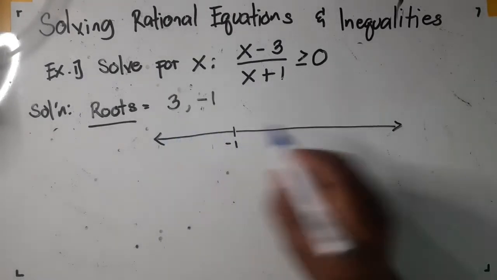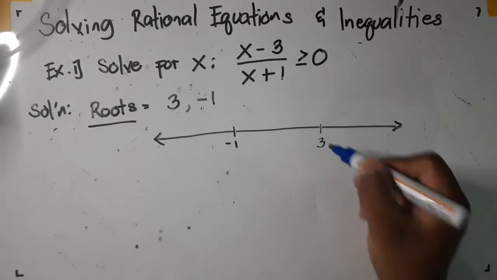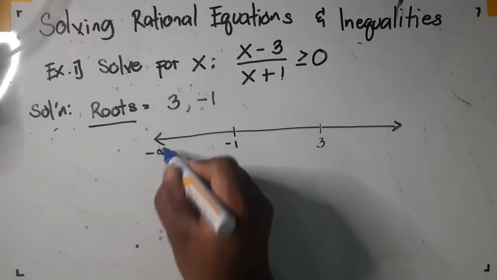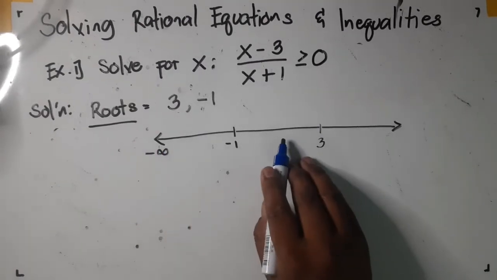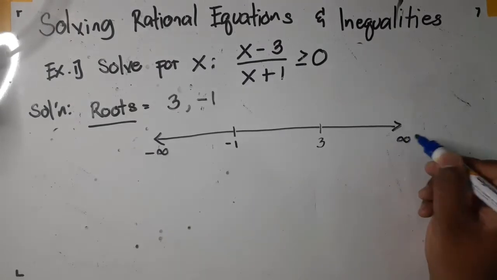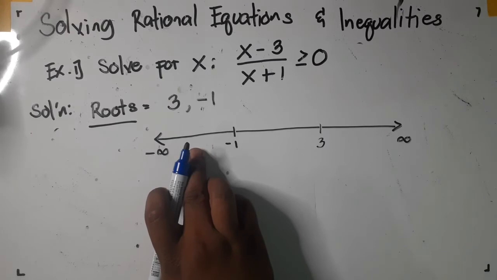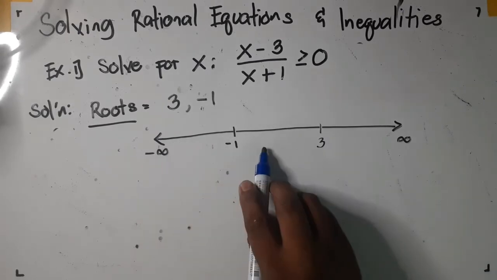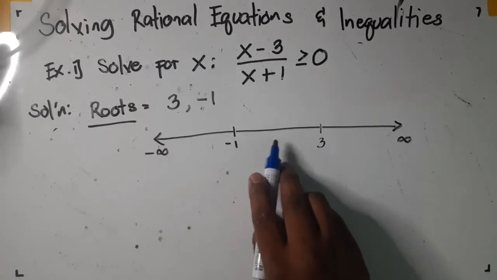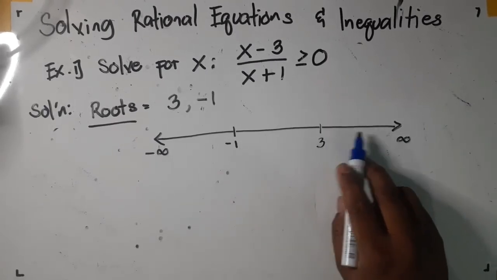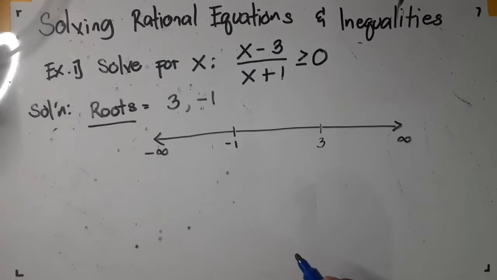And of course, the bigger one is 3, so 3 is on the right. To the left is toward negative infinity and to the right is positive infinity. You notice the numbers there are negative 2, negative 3. In the middle you have 0, 1, and 2. And to the right side are 4, 5, 6, and so on.